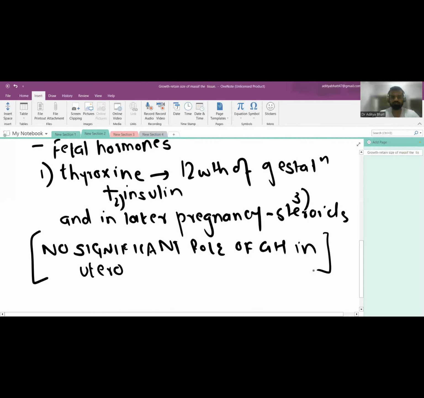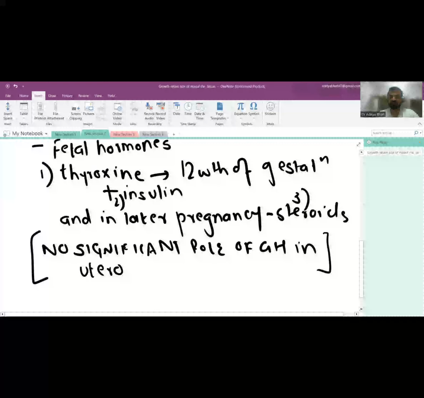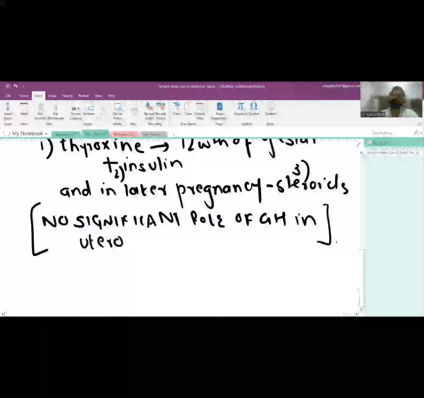This child usually will not be SGA or IUGR; the child will not be short for gestational age. The features the child will present with are micropenis, prolonged jaundice, and hypoglycemia. These three important features will be present with growth hormone deficiency in a newborn, but the child will not present with growth failure in utero. Later on, postnatal growth failure will occur, but there is no in utero growth failure.